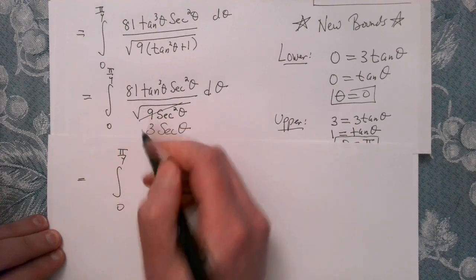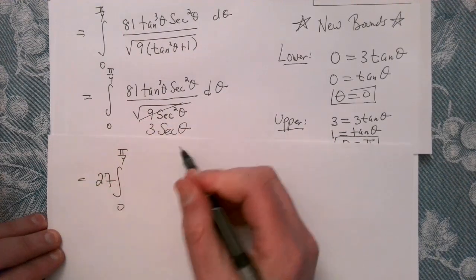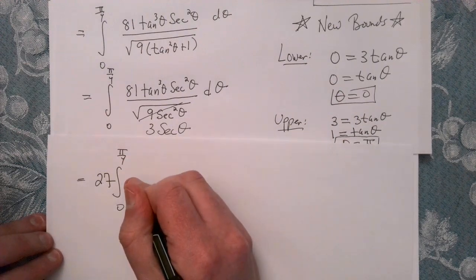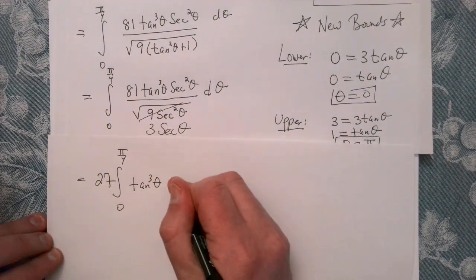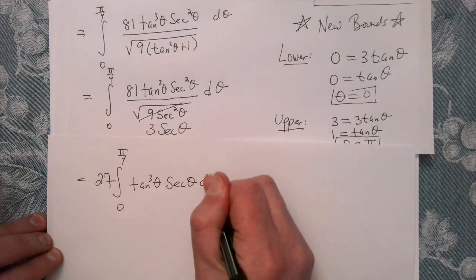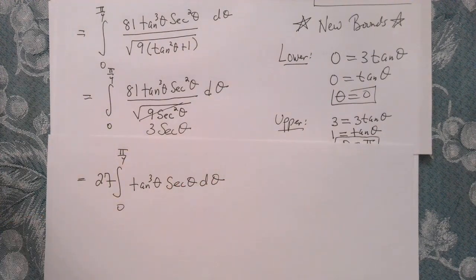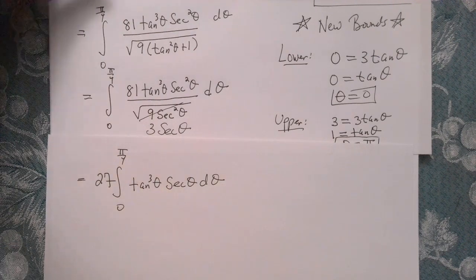So let's cancel these and we'll bring out the 27. Secant will go into secant squared, so that'll remove a copy of secant. And then we've got to do a little bit of work to get this into a nicer form.